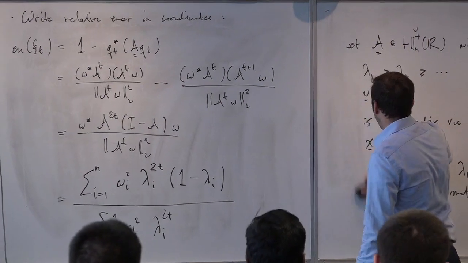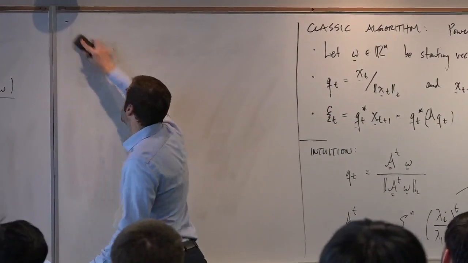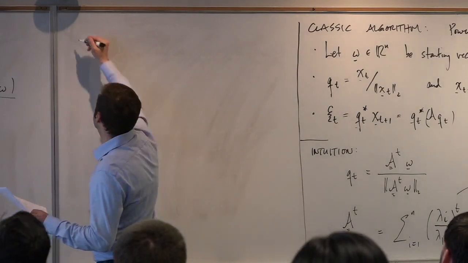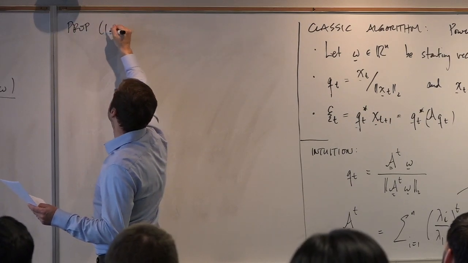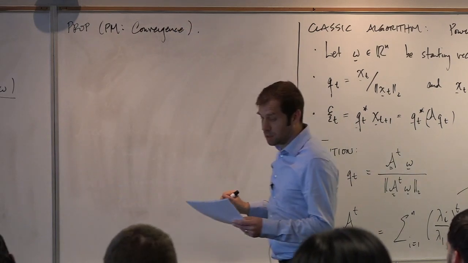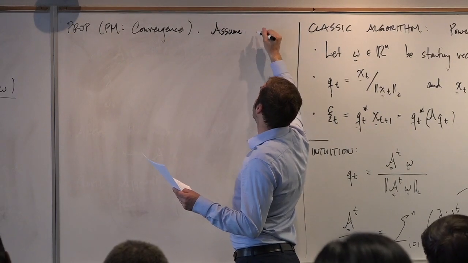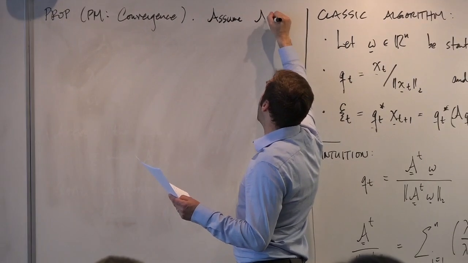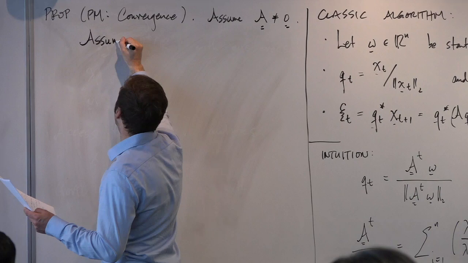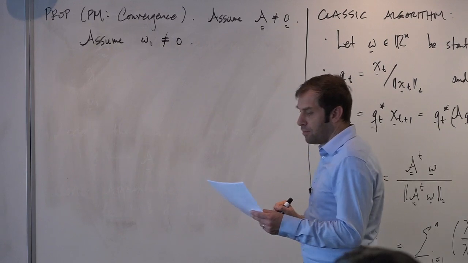So now the thing I'd like to do next is use this formula to prove the classic result on convergence of the power method. You'll see how this formula feeds into this analysis, and this will help us understand why randomness is important. So we're going to assume that A is not 0. And we'll assume also that the first coordinate of the starting vector in the eigenvector basis is not 0.